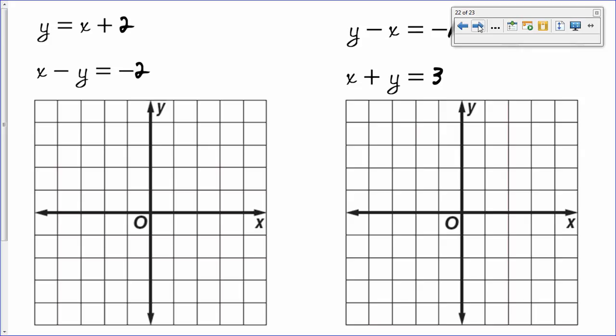Guess how many problems with these other two? Do you want me to work them? Anybody want me to work them? Yeah. Okay, where do I start on the first one? Up one, right one?